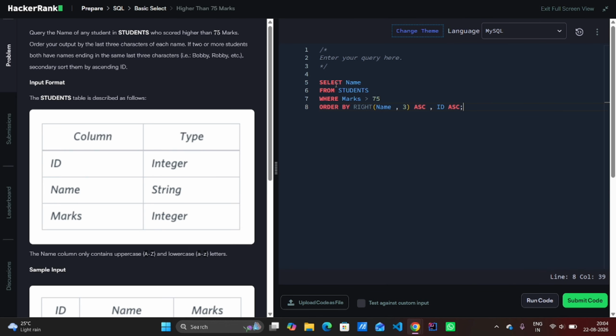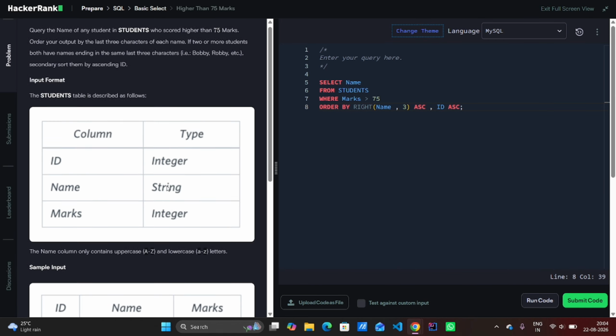We just query the names from the students table where the marks of any student should be greater than 75, and we have to order them according to the last three characters of their names in ascending order. If the last three characters are the same in the names of two or more students, then we have to sort them according to their IDs, like here.